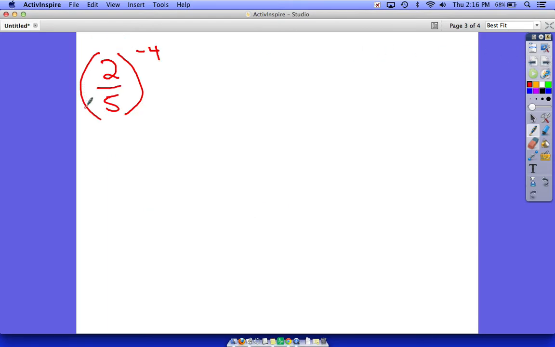Now this time we're starting with a fraction. 2/5 to the negative 4th power. Again, if you ever see this negative in an exponent up here, in the small number up here, that means we need to take the reciprocal of that to whatever power this is telling us. And the reciprocal of 2 over 5 is 5 over 2. So we'd be doing 5 over 2 times 5 over 2 times 5 over 2 times 5 over 2. 2, 4, 8, 16's on the bottom.